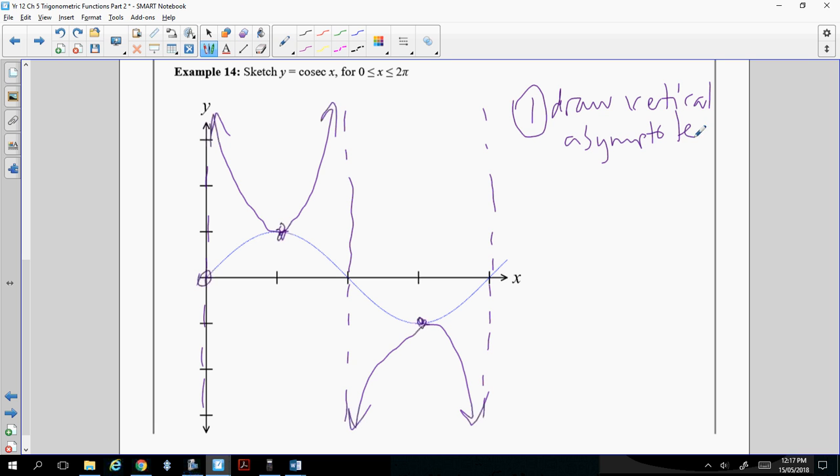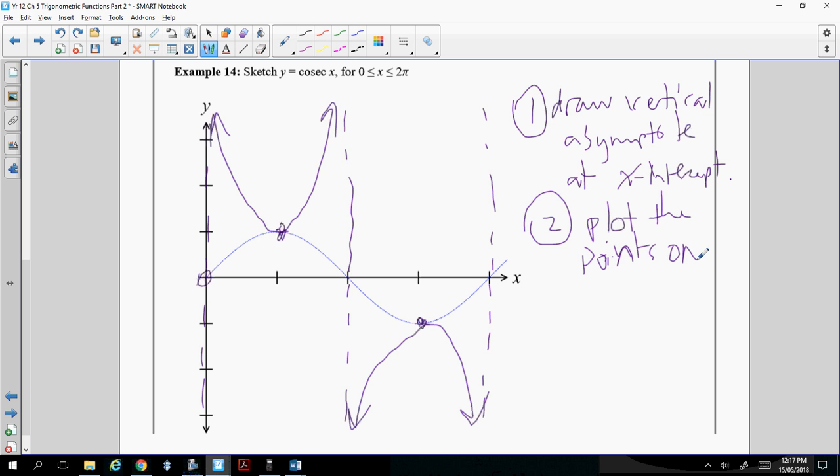And then the second step is to plot the points on the max and min points. Then you just draw the graph approaching the asymptote. So it's pretty easy.